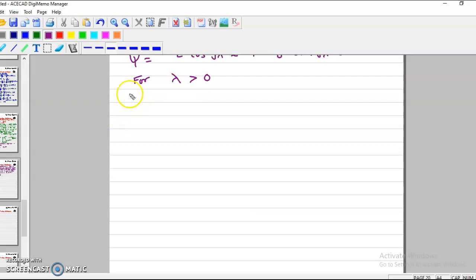Now, in this case, under root lambda is a non-vanishing positive number.